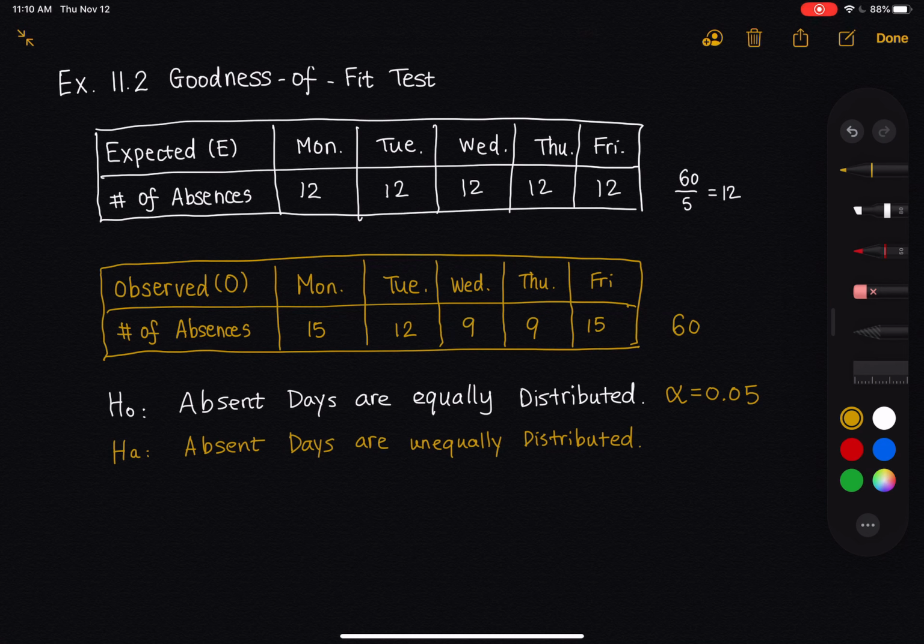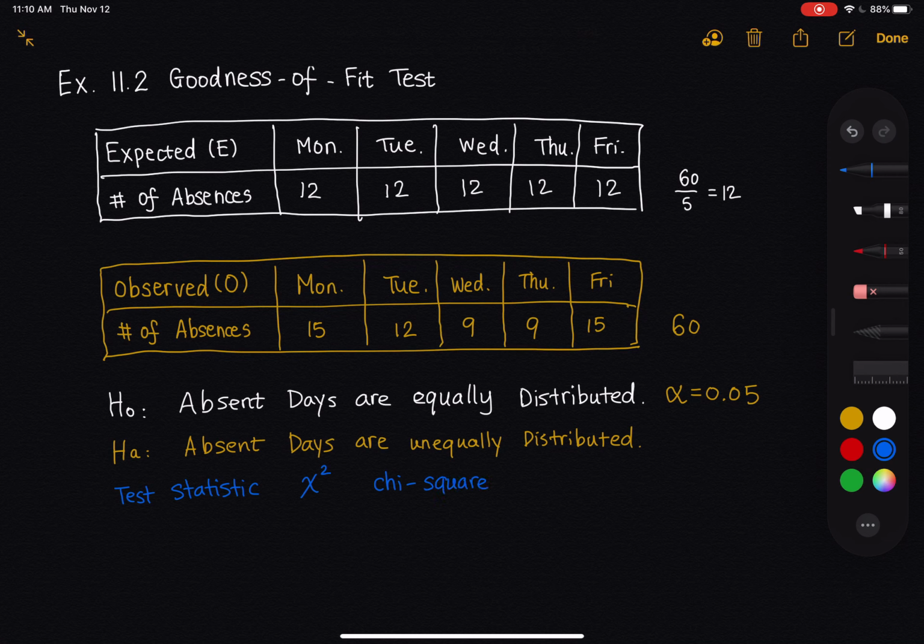So in order to test the goodness of fit of a distribution, we need the test statistic. And the test statistic, we call it chi-square. It looks like an X with a square up top. It's read as chi-square.